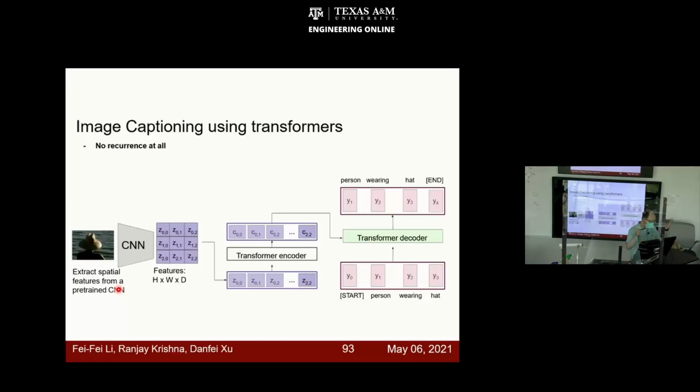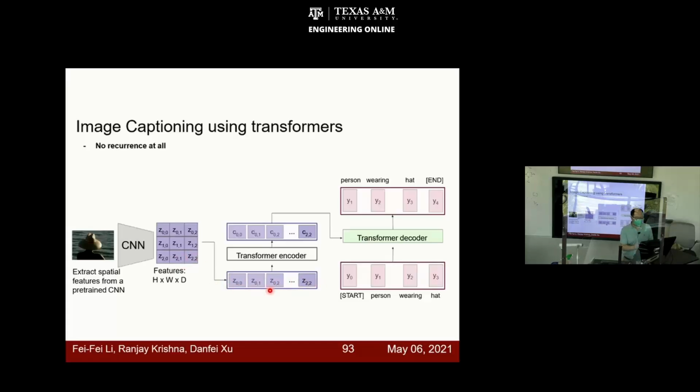We gave one solution that used a CNN as the initial encoder, to convert the raw image into spatial features. Then you feed these features into a transformer encoder. So something we have seen before, but pay attention that we actually just converted these two-dimensional features, in an ordered way, right, into a vector, right?